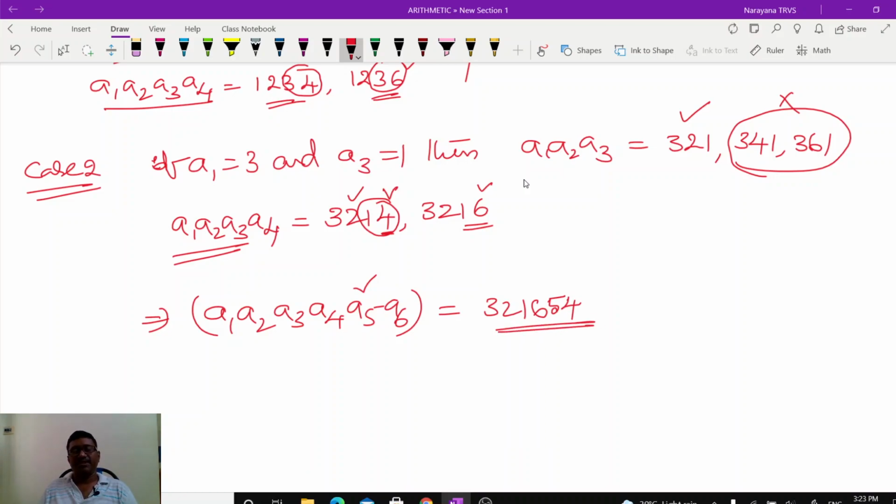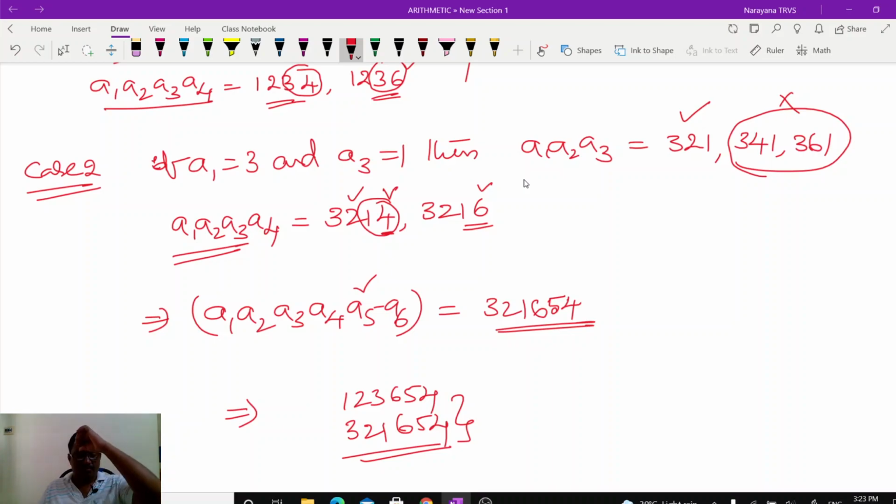Look at this, 321654 is divisible by 2 and also 3, that's why it is also divisible by 6. Therefore exactly only two 6-digit numbers are possible, which are 123654 and 321654. These are the possible 6-digit numbers according to that question. Okay, thank you.